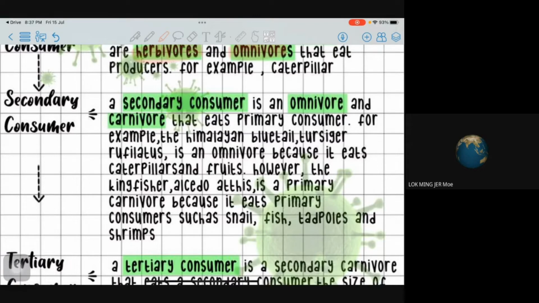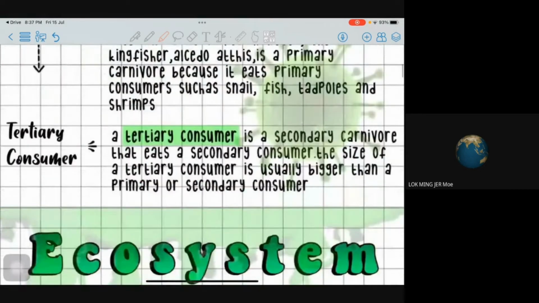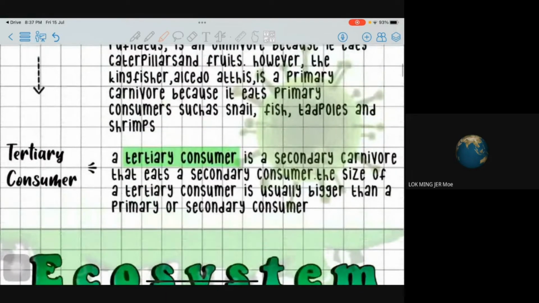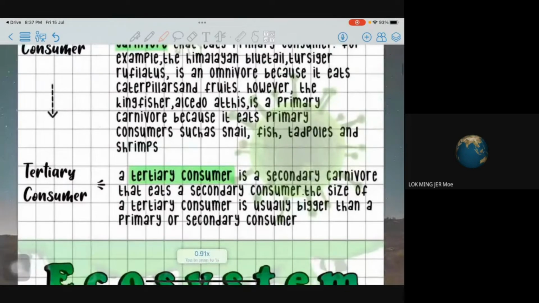After secondary consumer, we move to the tertiary consumer, which is a secondary carnivore that eats a secondary consumer. So the size of a tertiary consumer is usually bigger than a primary or secondary consumer. Is elephant a tertiary consumer?